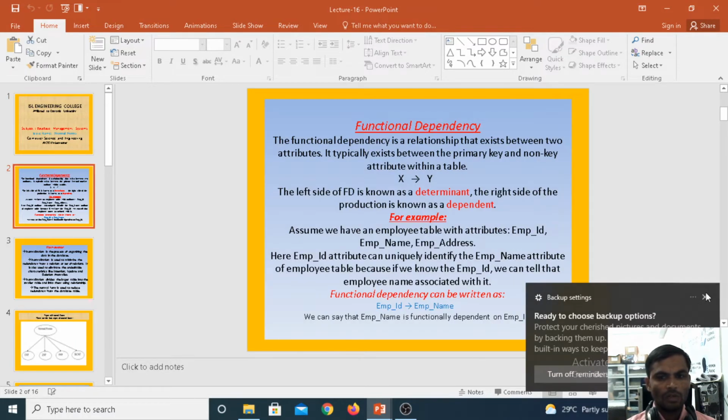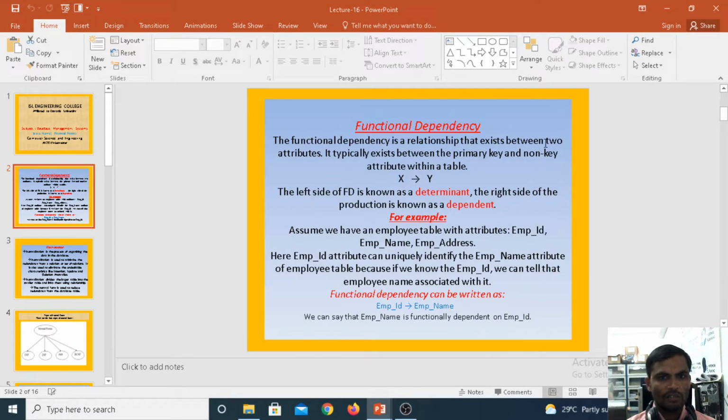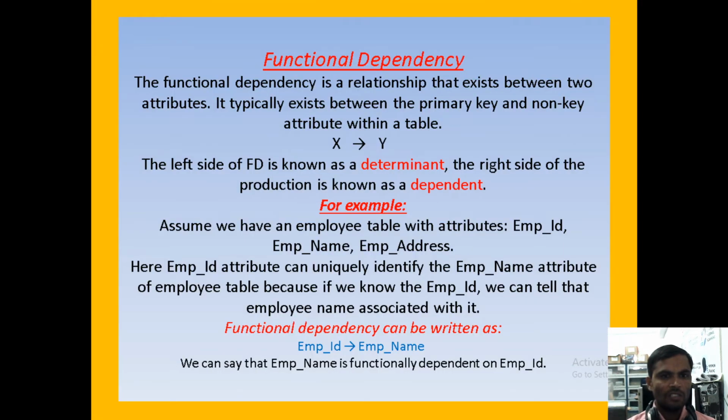Before going to the normal forms, we should first recall the functional dependency definition, and after that we will go for normalization. Functional dependency means a relationship exists between two attributes.